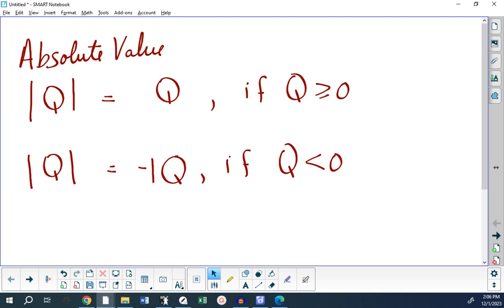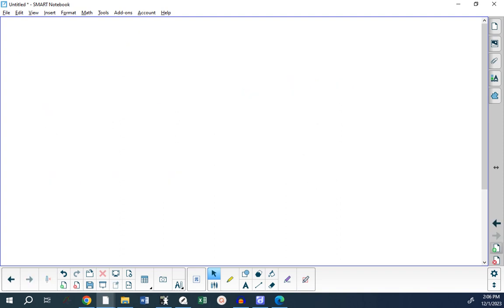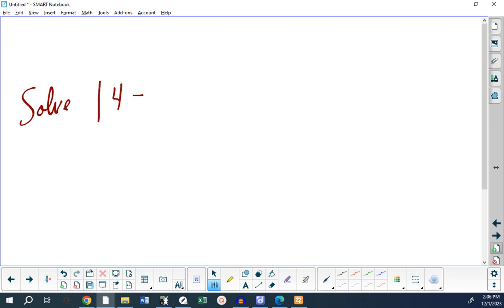So for example, I'll pick an equation first and then we'll do a function in a bit. For example, if I said solve, and I'll use a very basic example, and I'm saying it's very basic for this simple reason. It's not even going to be quadratic.